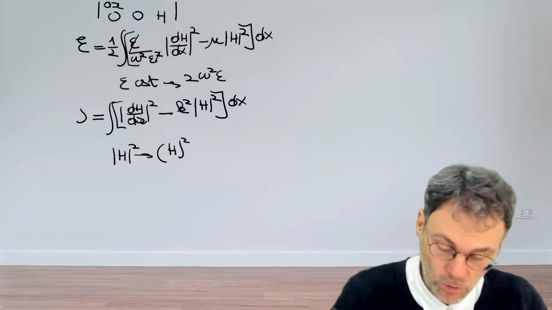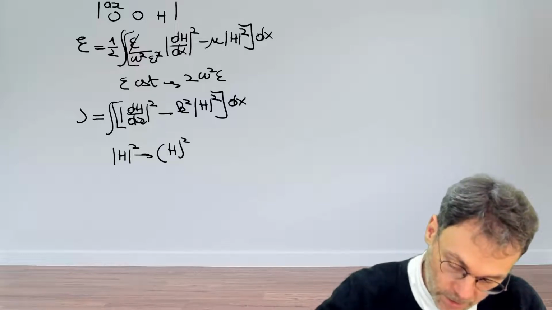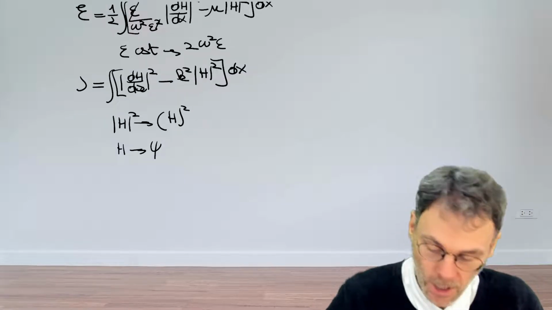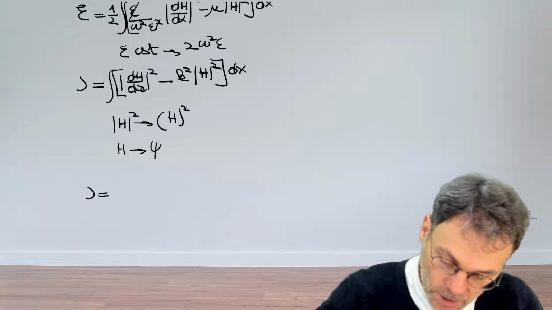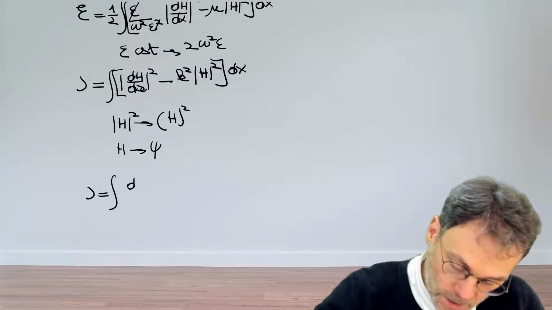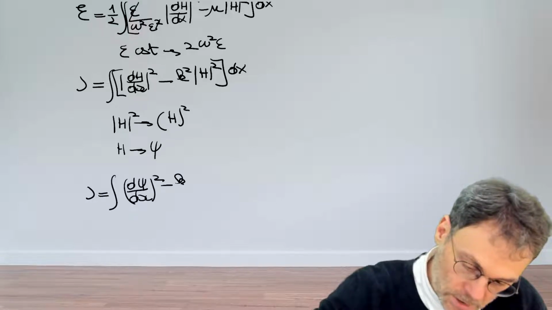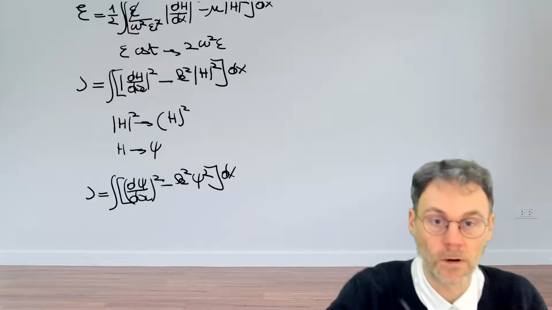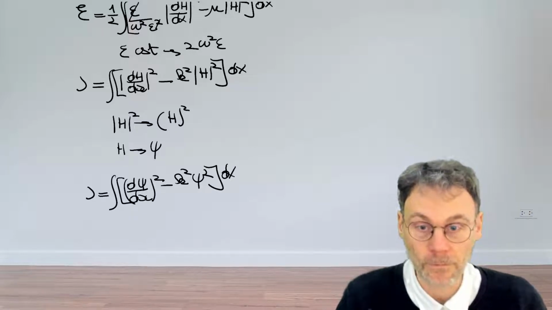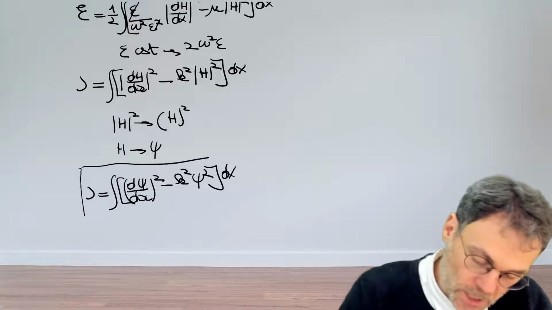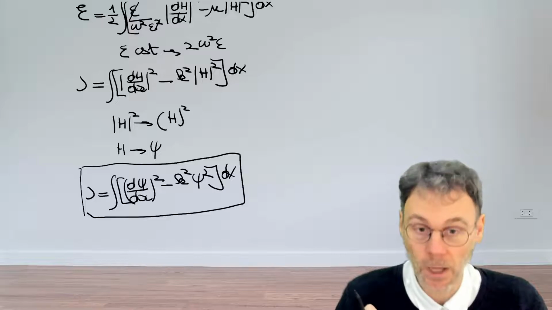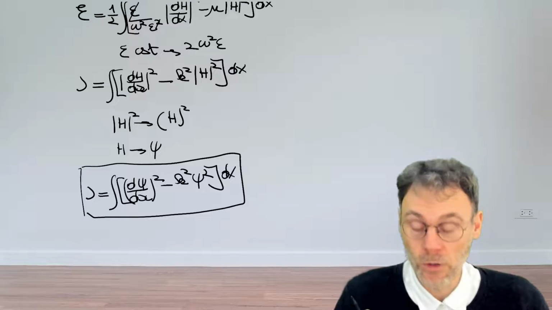And if you then also remind yourself that h is basically the unknown quantity psi, to be consistent with the earlier notation, then you can say that the energy is the integral of (dpsi/dx) squared minus k squared psi squared, integrated out over dx. So this is the form of J that we're going to use, the quantity that we're going to minimize. Okay, so how are we going to minimize this?